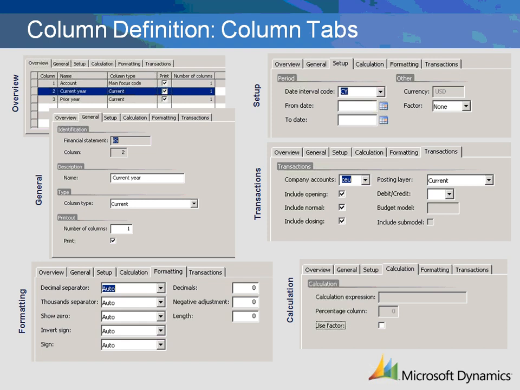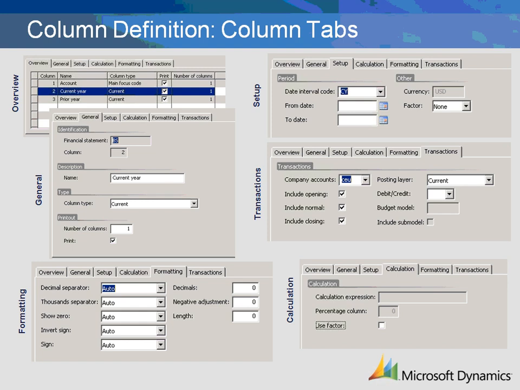On the bottom section of the financial statement form, there are many more tabs available for user setup. The General tab displays mostly the information that can also be reviewed in the Overview tab. The Setup tab allows you to set a date interval code or date range for the report, as well as determine the currency when using multiple currencies.